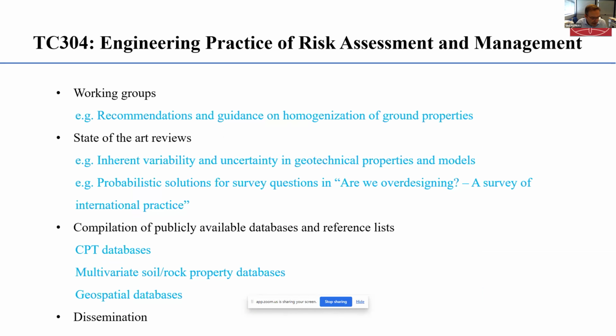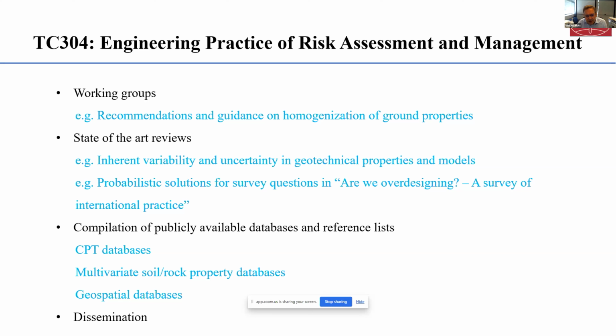In the technical committee, we have working groups, and these working groups work on, for example, recommendations and guidance. One particular working group we have at the moment is looking at recommendations and guidance on the homogenization of ground properties. We produce state-of-the-art reviews, and I've given a couple of examples here of previous ones that we've produced.